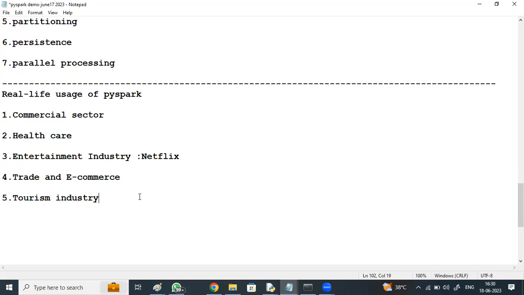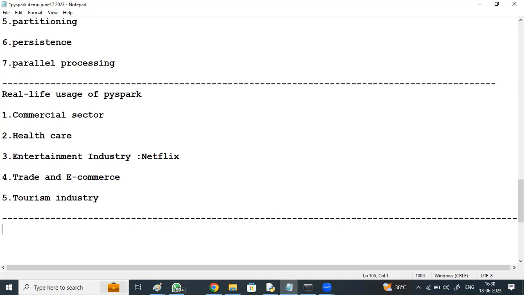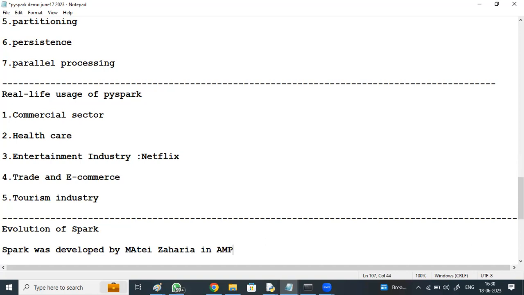Coming to the basics, you need to know something about the evolution of Spark. Spark was developed by Vijay Sunder in AMP Lab, Berkeley.